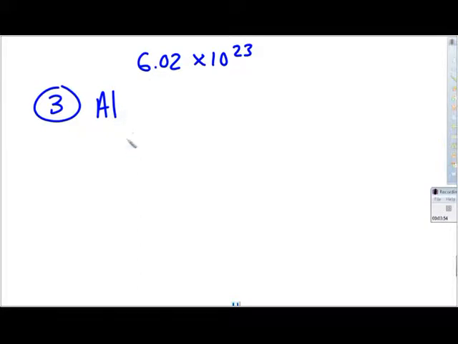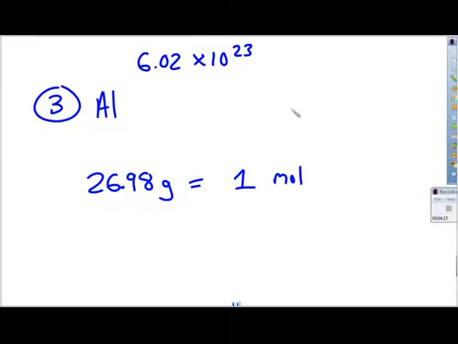We simply look at the periodic table, and the periodic table tells us that aluminum weighs 26.98 grams. We just round to 2 decimal places. So 602 sextillion aluminum atoms weigh 26.98 grams.